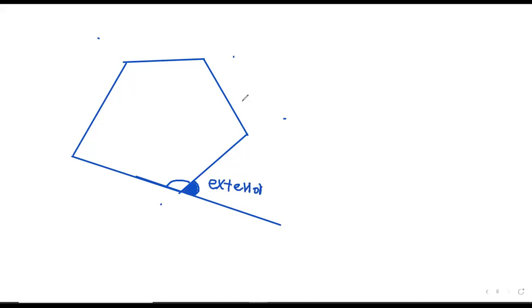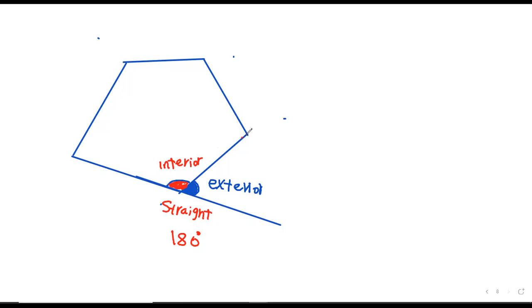And this angle shaded in red is interior. As you see, because this angle is straight, the interior and the exterior angle add up to what? Both of them add up to 180. So how many lots of 180? We have 5 lots of 180.